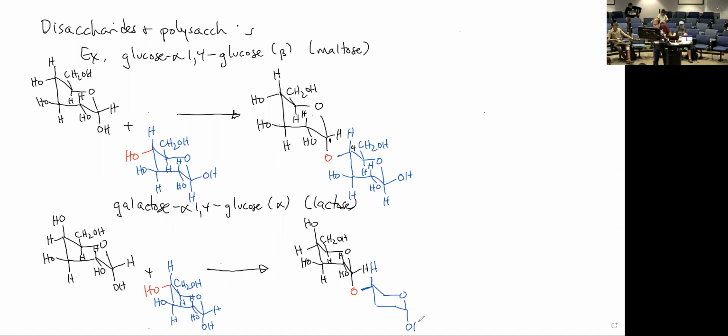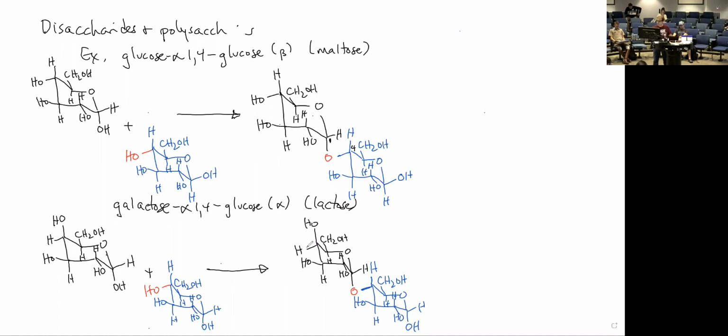And this OH will be down since it's alpha. OH equatorial, OH equatorial, CH2OH equatorial. So that's the structure of lactose. It's another disaccharide because it is two monosaccharides having come together to make a glycoside. And conceptually, it's exactly the same thing as the reaction we had on the previous page.